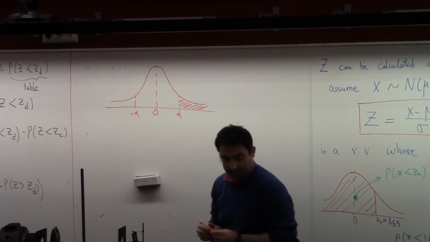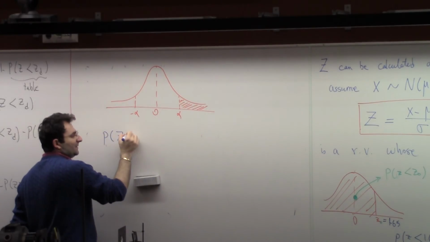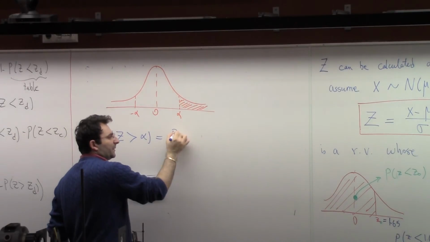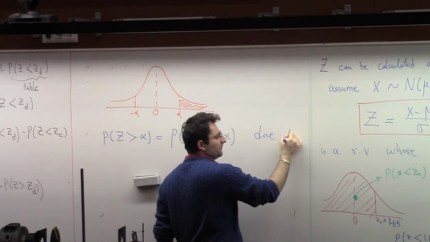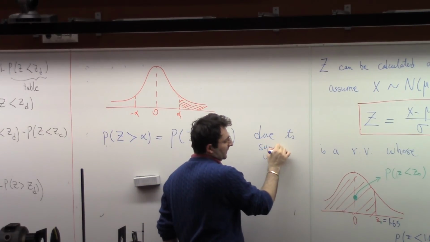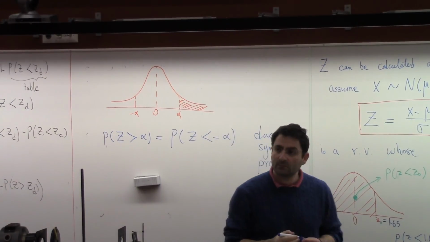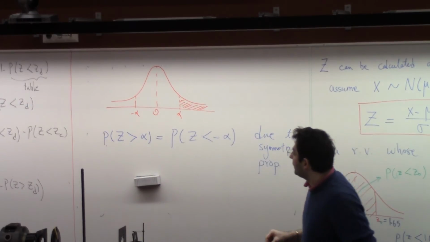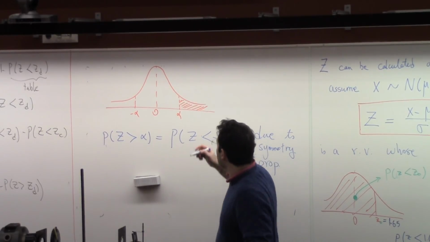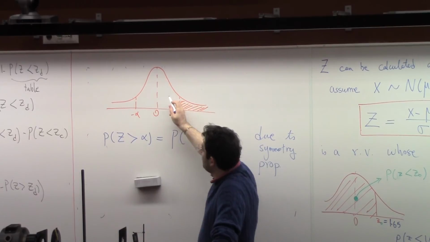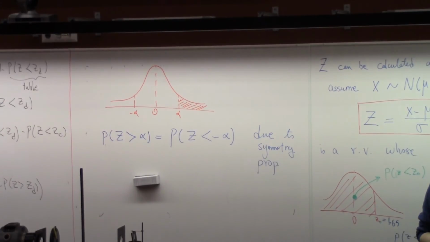This area, the probability of z greater than alpha is equal to the probability of z less than minus alpha due to the symmetry property. In other words, if you need to calculate the probability of z greater than alpha, of course you can always calculate 1 minus the probability of z less than alpha, or you can have an even faster calculation by looking at this.